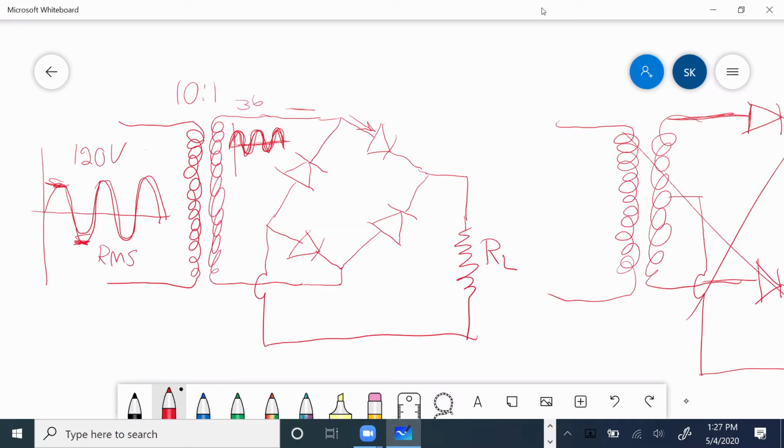A current I will flow. When it arrives at this junction, it cannot go that way because this is reverse bias. So the current will only come this way. That would be I. And then how is the circuit closed? A circuit starts from one end and must end at the other end.